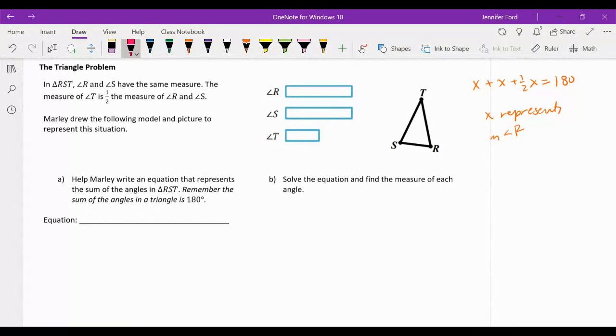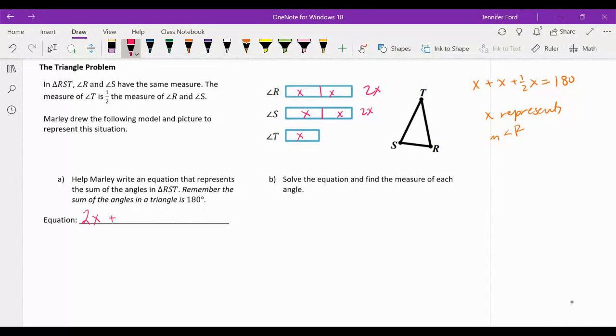If I did it the other way, if I said angle T is X, then angle R is going to be 2X. Angle S is going to be 2X. So then that equation would be, and this is the one I'm going to solve because there are no fractions in it, so it seems a little easier.